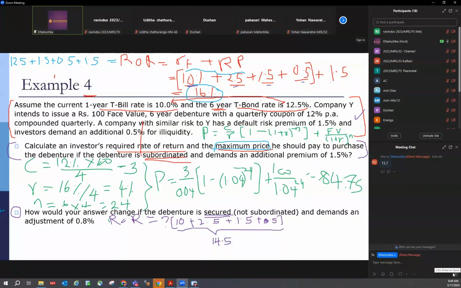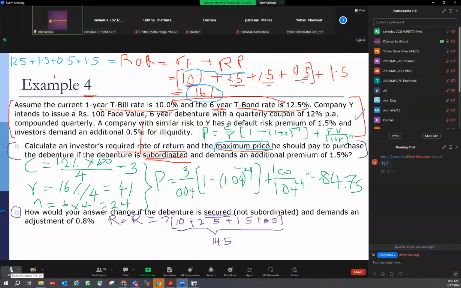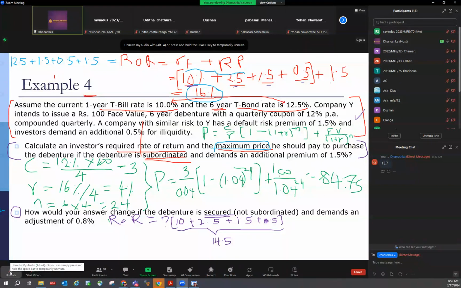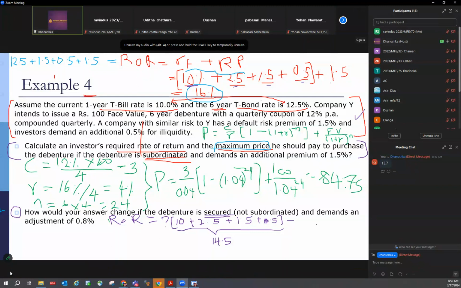But think about it practically for yourself: do you need a return of 14.5% if you're investing in a secured debenture? Do you want something higher, or are you happy with something lower? If it is secured, do you add 0.8? You remove 0.8, exactly.